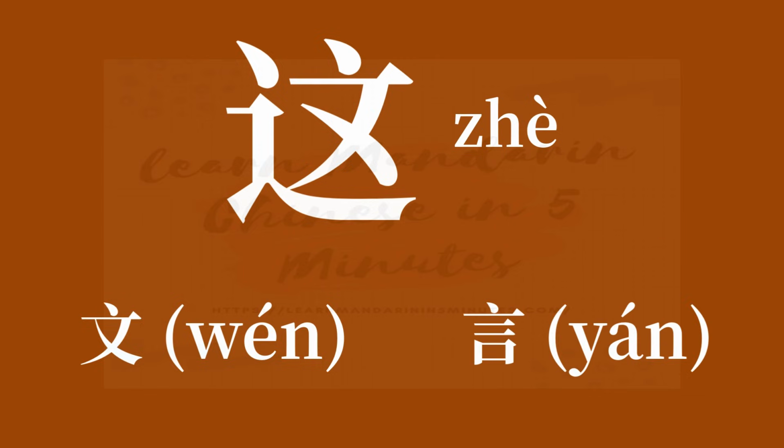The component yan was a much more accurate phonetic marker at the time of its creation than the simplified wen ever was. Later, yan was replaced with wen to reduce the number of strokes.